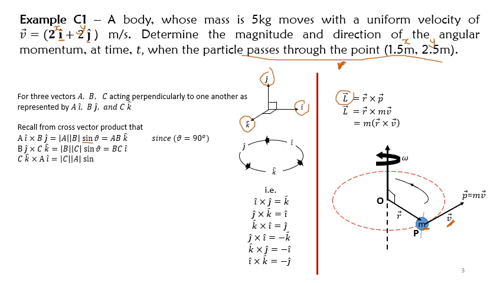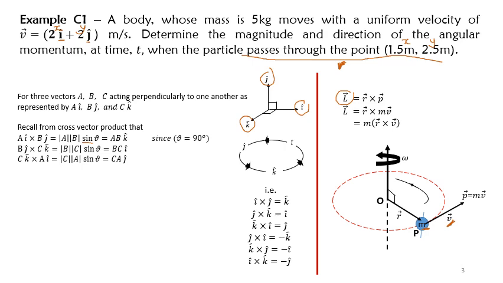So you have AB, and the magnitude of the cross product of A and B will act in the k direction, perpendicular to both i and j. Likewise, if you have B along j and C along k, the product of the magnitudes will act perpendicular to the individual vectors, and that is in the i direction.